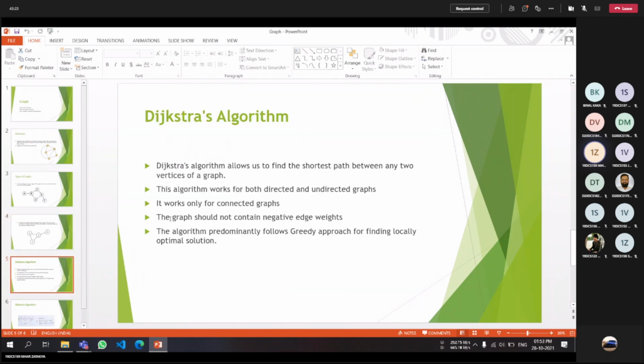Here is the main Dijkstra's algorithm. Dijkstra's algorithm allows us to find the shortest path between any two vertices of a graph. This algorithm works for both directed and undirected graphs. It works only for connected graphs, and the graph should not contain negative edge weights.